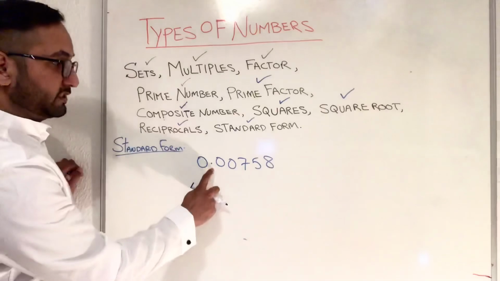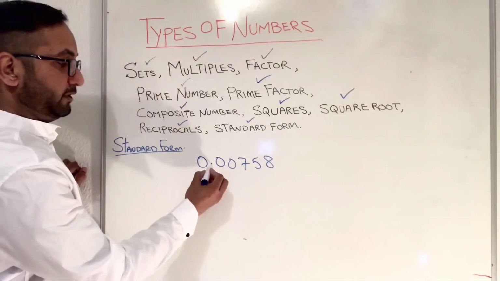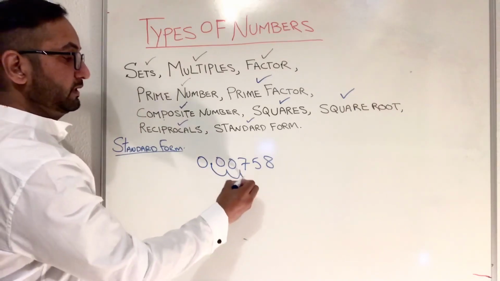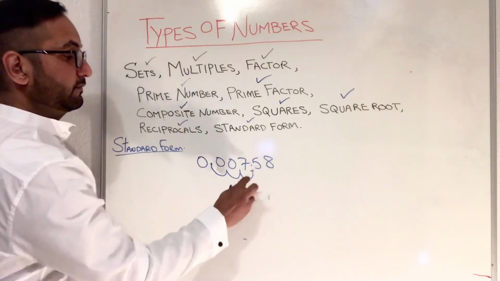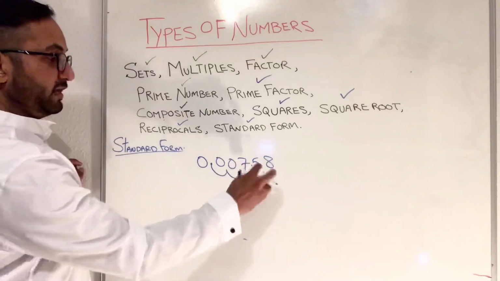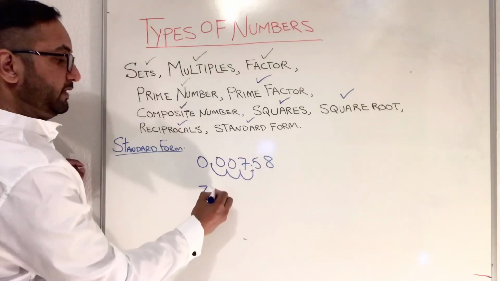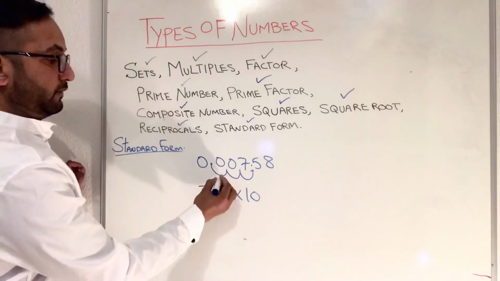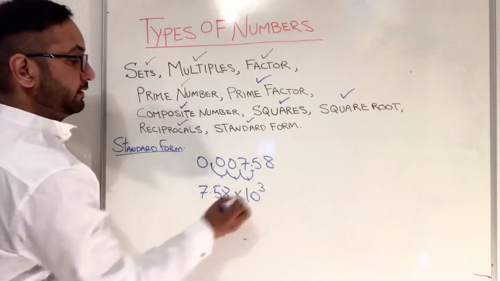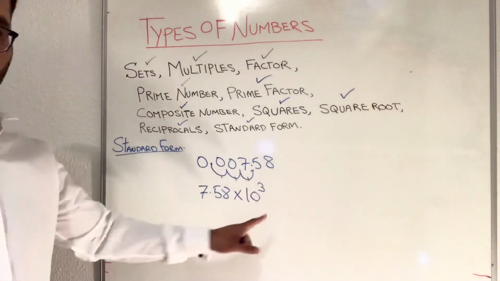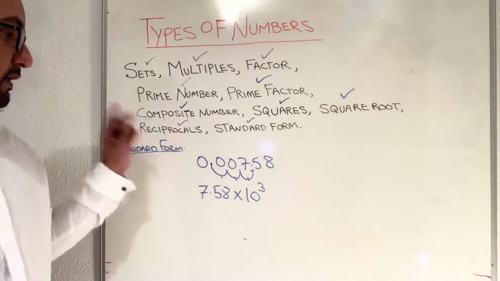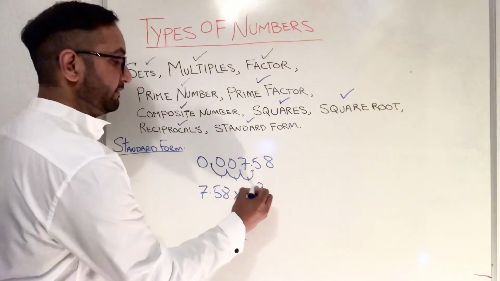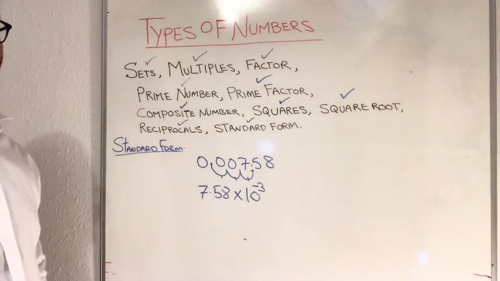So we are moving this decimal point from left to right, 1, 2, 3. We are moving till here, so we need to write down that value first. 7.58 times 10 power, how many? 1, 2, 3. So 3 could be positive or negative. Because we are moving from left to right, the power will be negative.